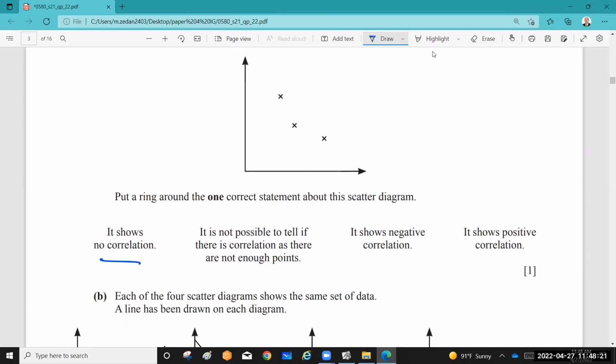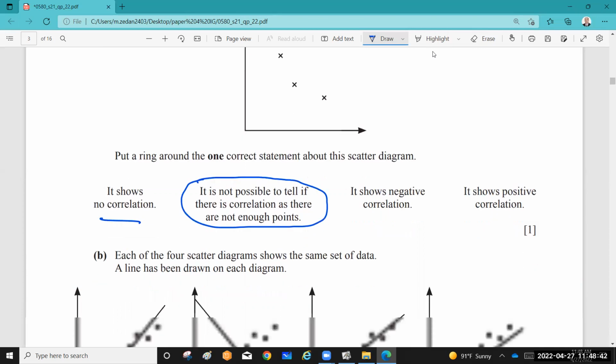So it's not possible to tell if there is correlation, not enough values. This is the answer, because 3 points are not enough to define the correlation.